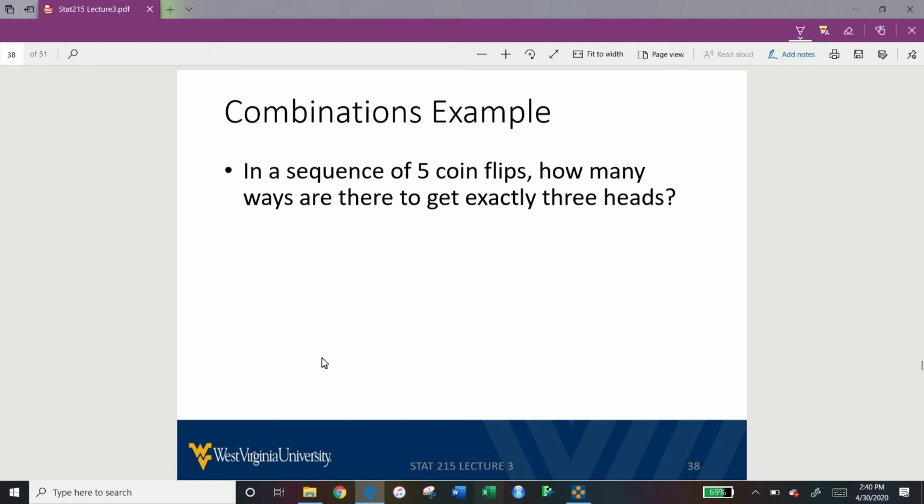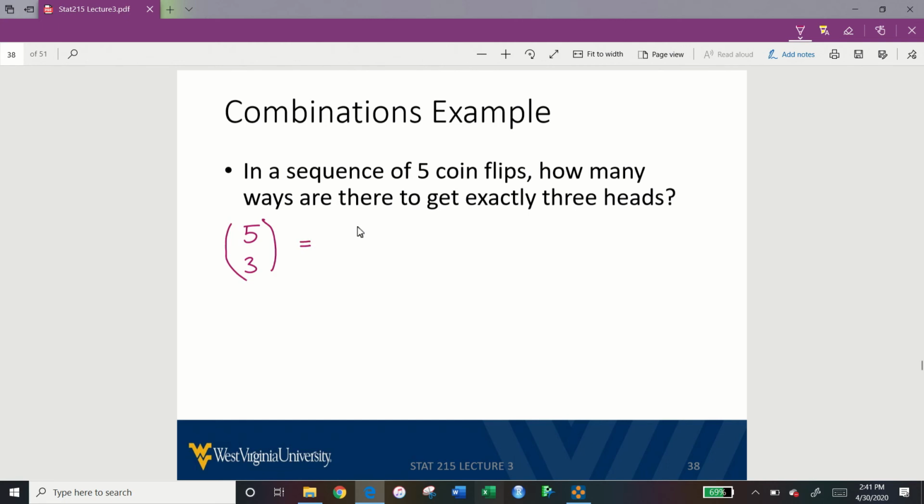Let's take a look at another combinations example. In a sequence of 5 coin flips, how many ways are there to get exactly 3 heads? So, we want 5 choose 3.